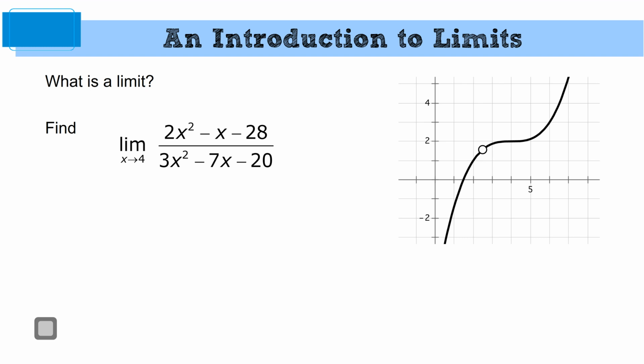First step you should always do is plug and chug. You might want your calculators, by the way, if you want to bust those out. And you're going to be doing some, I don't know how good you are with mental math. Let's start with the old plug and chug. So put 4 into that function and see what you get.